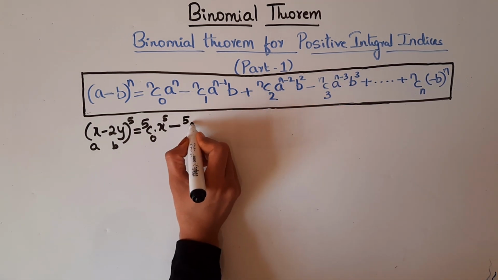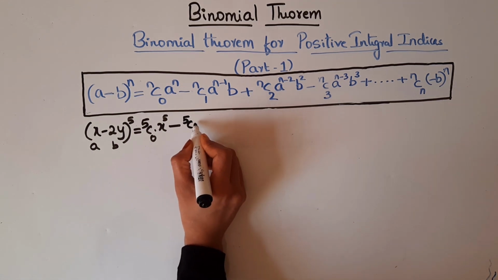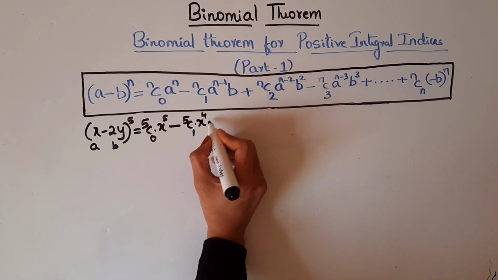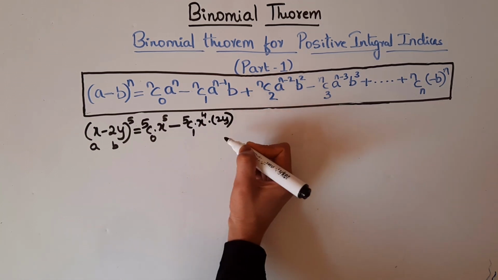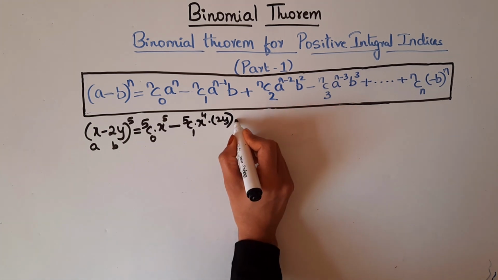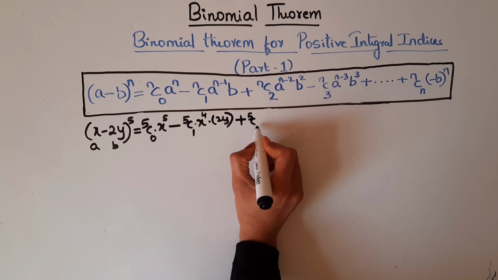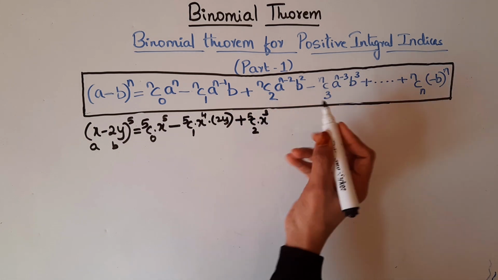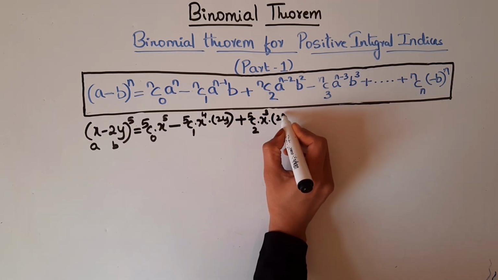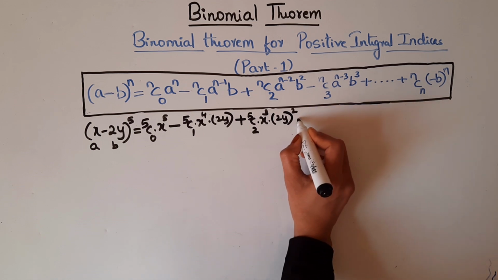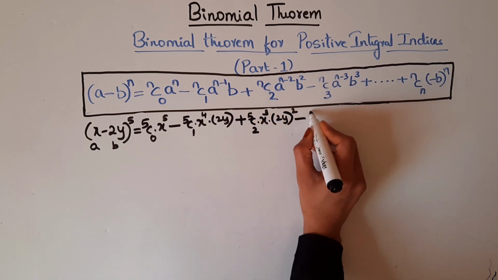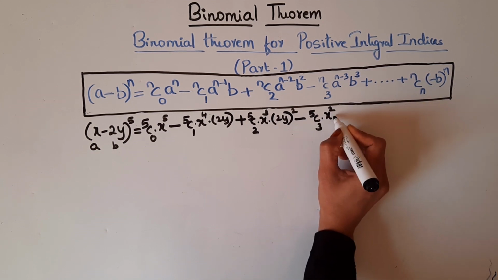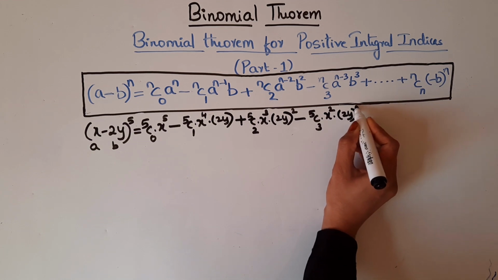So we have 5c1 into a power, here x, so x power 4, that is 5 minus 1 is 4, into b, here b is 2y, plus 5c2 into x power 3, into b is 2y, 2y square, plus is over, so minus 5c3 into x power 2 into 2y to the power 3.